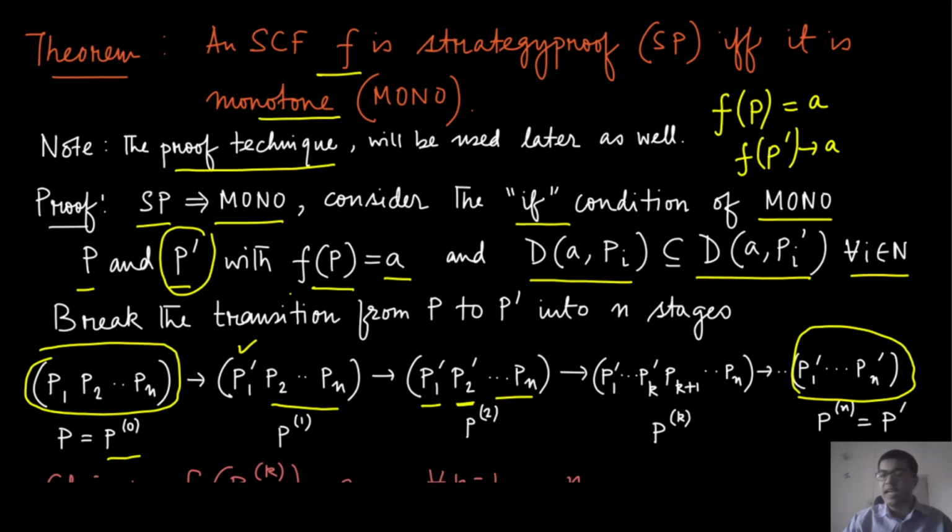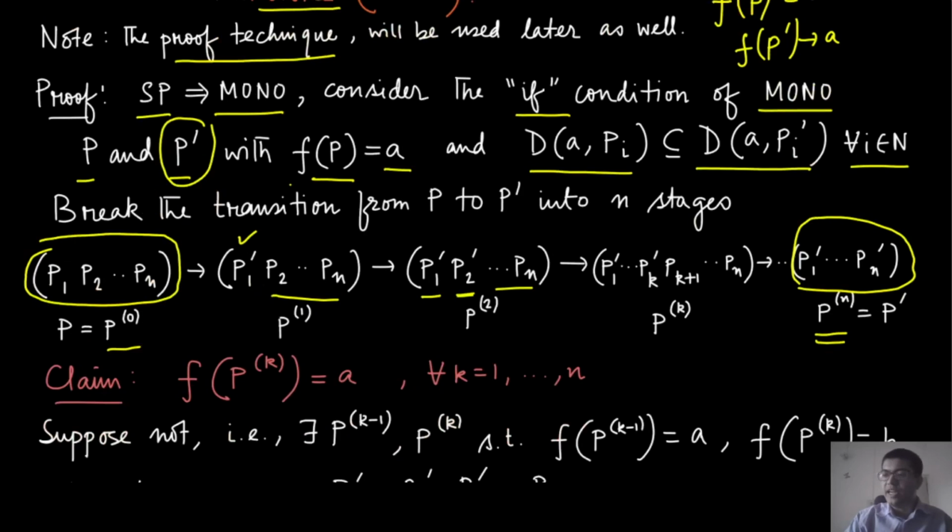And similarly, after n such steps, we will finally have the preference profile P superscript n, which is nothing but P prime. Now we are going to claim that if you apply f at every such intermediate preference profile, the outcome should be the same A in all these cases.